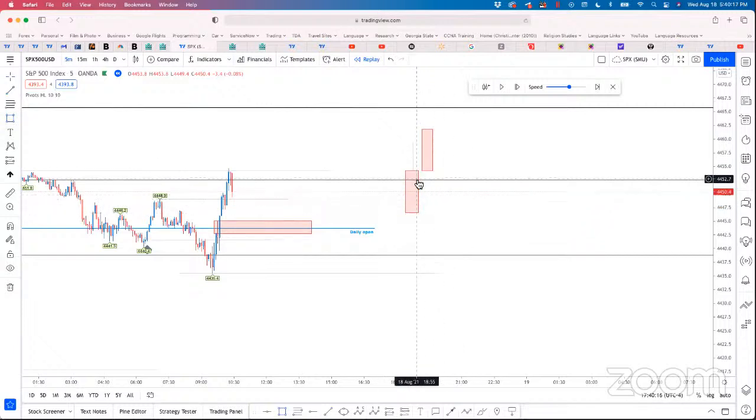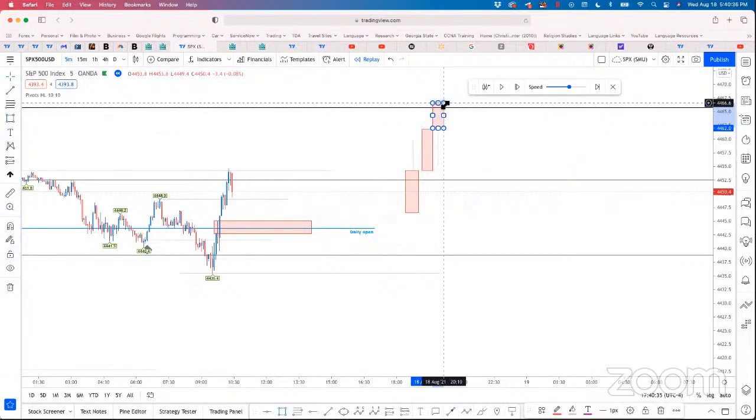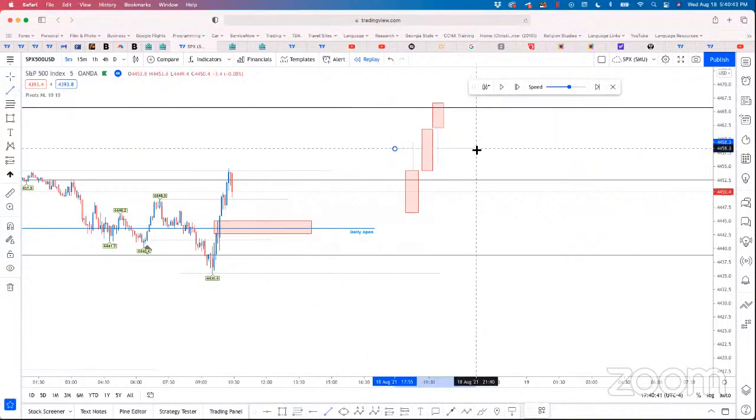You'll see a candle trade through this wick right here, and you'll see another candle trade down and then trade up from that. And when these two wicks meet, that's rebalance.